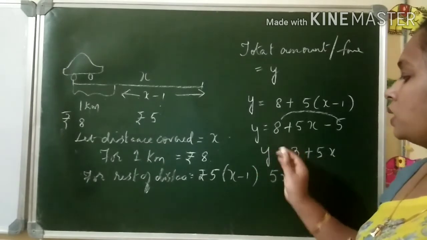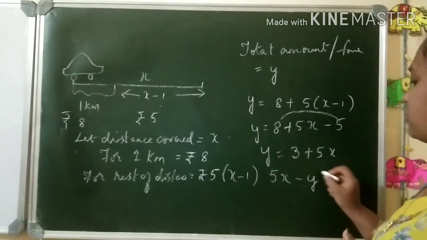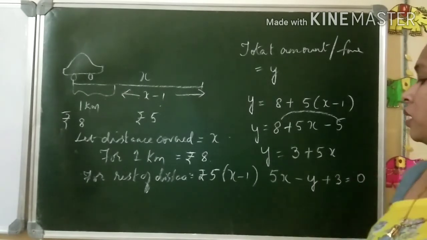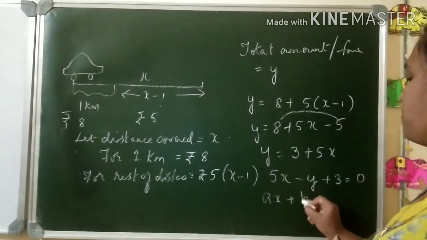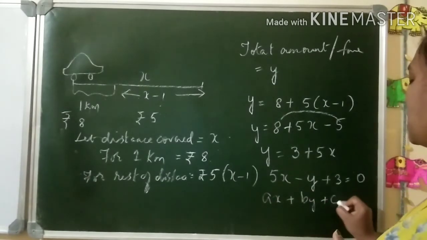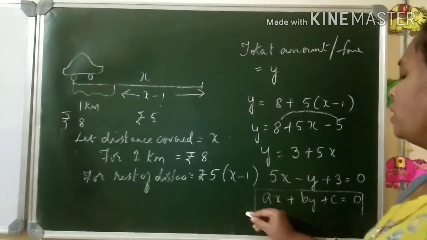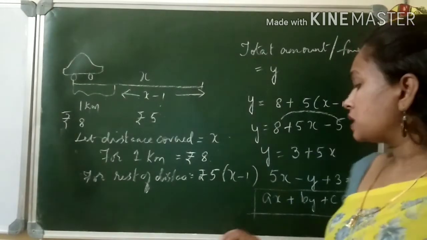Then this y is on the other side, so we need to bring it to the other side. Plus 3 is equal to 0. You have learned the standard form, that is ax plus by plus c is equal to 0. You have to write it in the standard form. It is optional, but better you write it in the standard form.